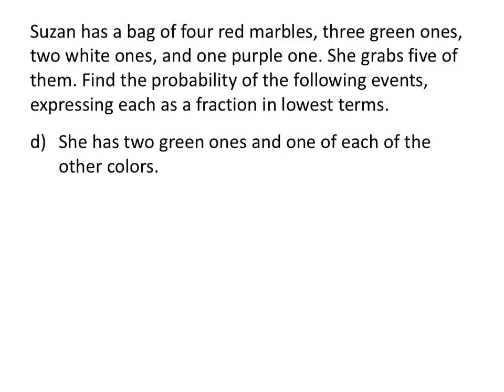Alright, so now we're getting specific. 2 green ones and 1 of each of the other colors. So I'm going to write down all of the colors. Red, green, white, and purple. So 2 green ones and 1 of each of the other colors. So the combinations of the 4 red, we want 1 of them.